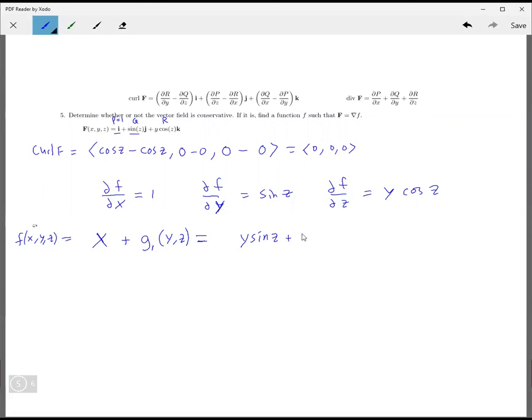And then you could also have a function in x and z. And then this last one, you want the partial of f with respect to z to be y cosine z. Integrate. So positive y sine z. The partial of this with respect to z is y cosine z. And then you could potentially have a function in x and y.